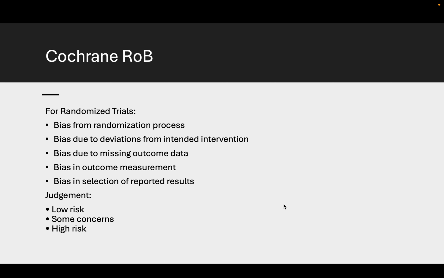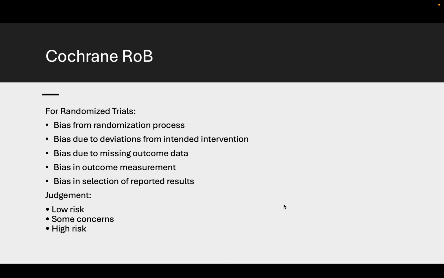Have the authors used a correct randomization step like a computer generated sequence or an allotment process? So if there is bias from the randomization process or not, you will judge each of the domains based on three levels: it can be low risk, it can be some concern, it can be high risk.